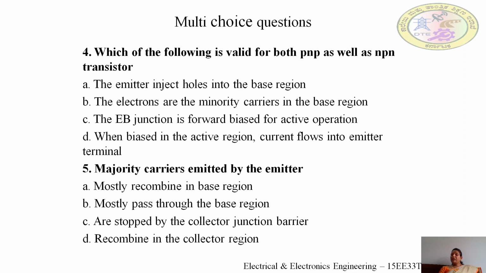So we know that of the majority charge carriers emitted by the emitter, most of them are passed on to the collector. As the base is very lightly doped, only a few carriers are available for recombination. The rest of the majority charge carriers are passed on to the collector region.